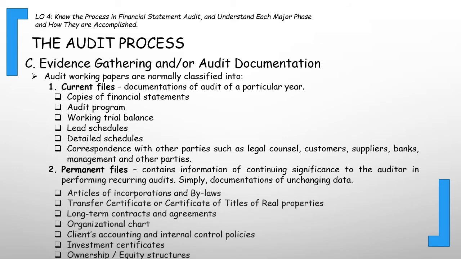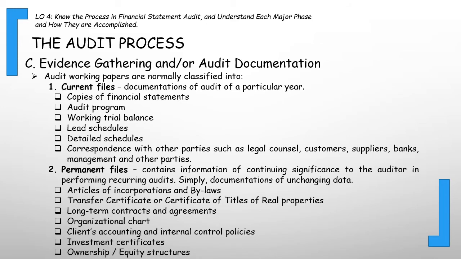Example is yung mga articles of incorporation and bylaws, transfer certificate of title of real properties, long-term contracts and agreements, organizational chart, client's accounting internal control policies, investment certificates, kung meron siyang mga investments, then ownership and equity structures.